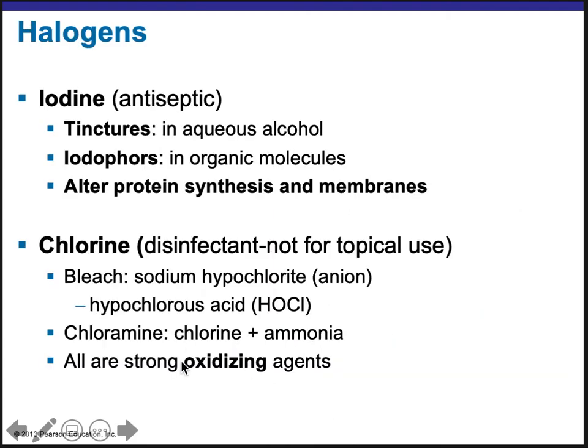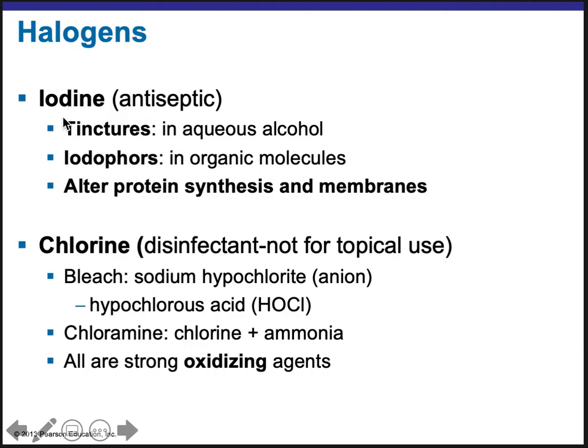Okay. Then we have a group called the halogens. And remember your periodic table from when you took chemistry, you have a row of halogens, and iodine and chlorine are in that row. So iodine is safe for the skin, so it's an antiseptic.